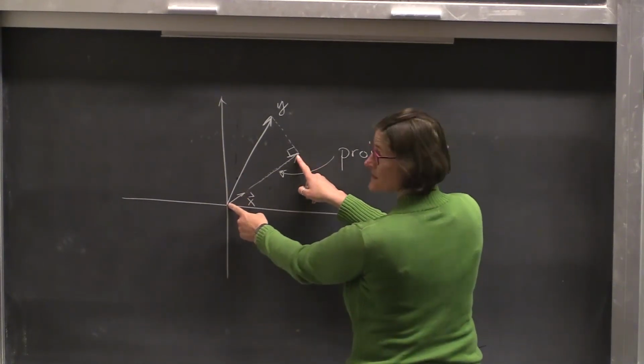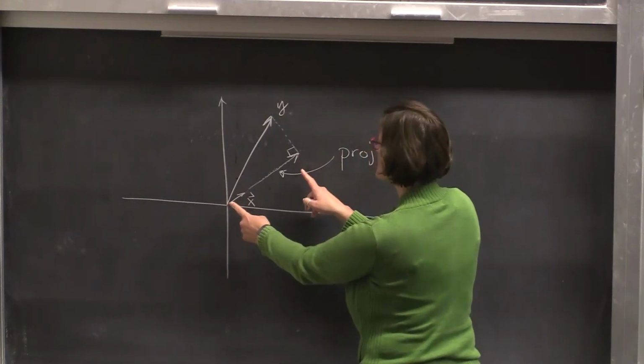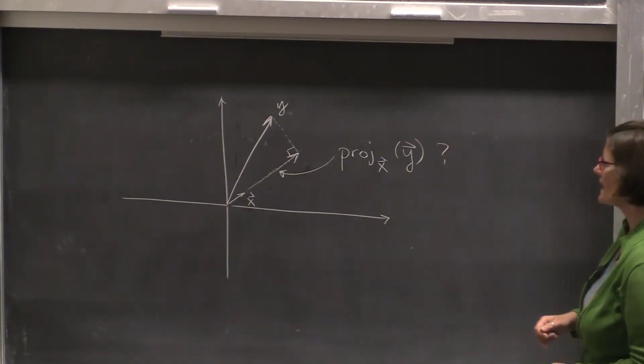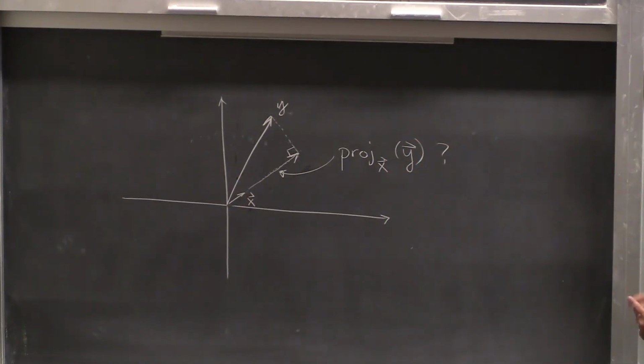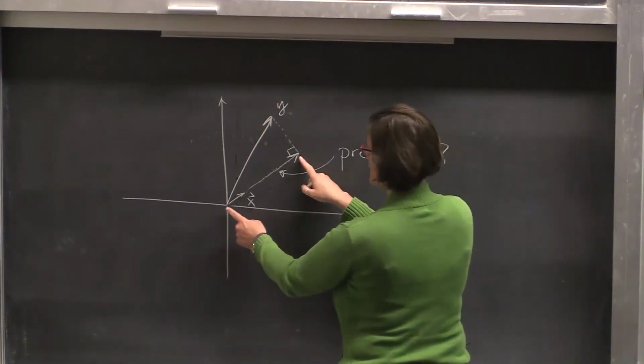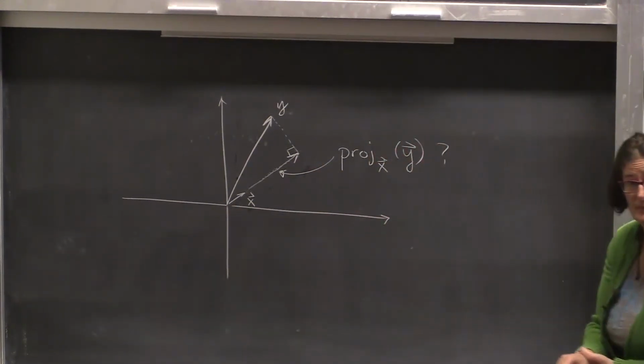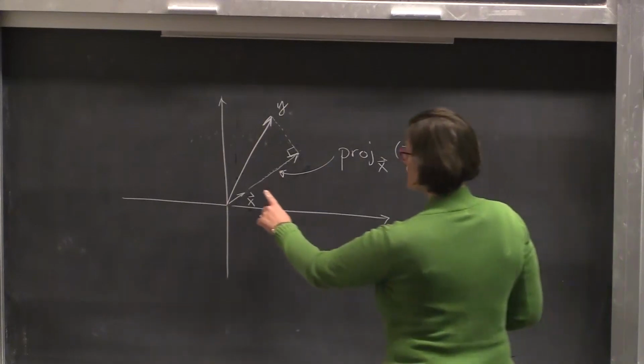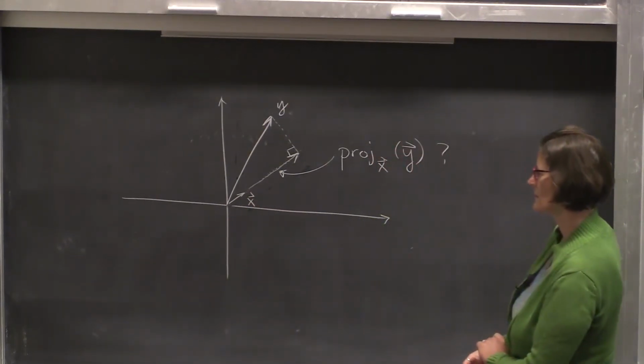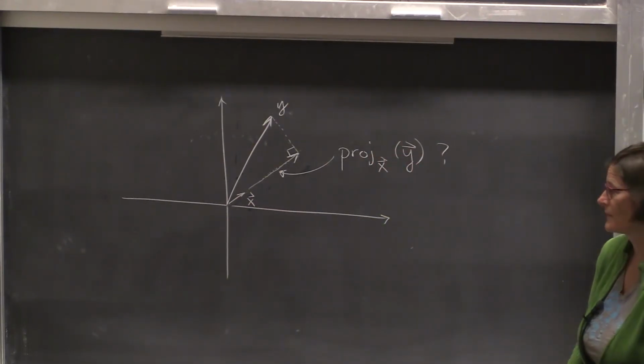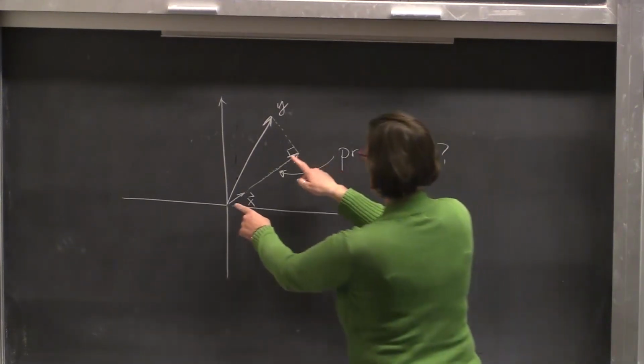To figure out the projection of y onto x, I need that length and a direction. From little x, I can get the direction for sure, but I need this length.